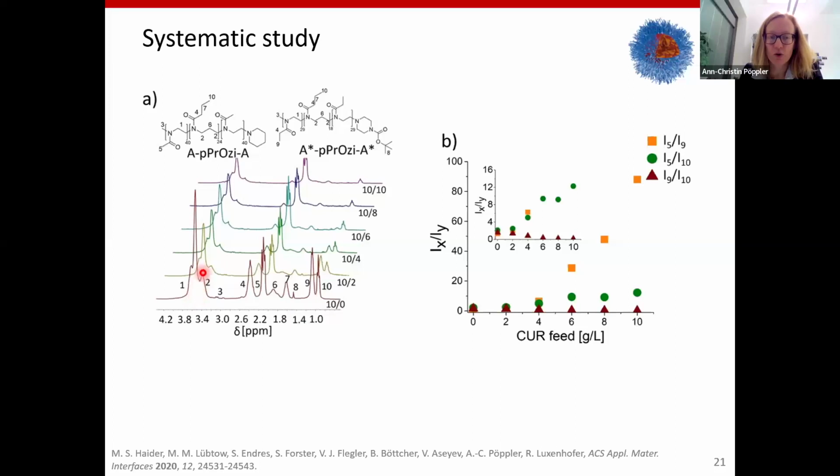And then as you increase the amount of curcumin that is entered, you can see that the signals broaden or lose in intensity. And then, for example, you can look at specific ones. So here would be the green ones, which look at the change between the hydrophilic polymer segments and the hydrophobic polymer segments. And then you can see, for example, that this ratio increases drastically as you go to higher loadings.